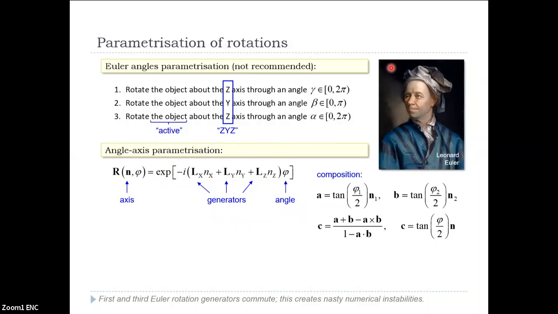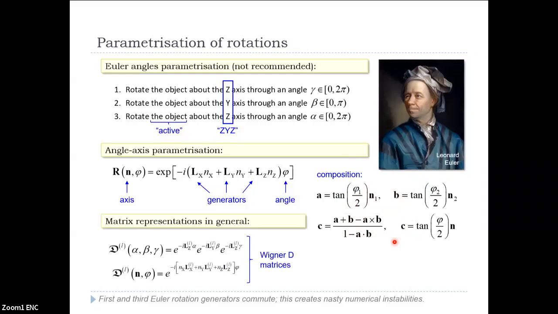Firstly, if you need to do a composition of rotations, right? So find out what are the parameters of a single rotation that corresponds to some sequence of them. In Euler angles, this is a disaster. But in angle axis parameterization, it's actually quite easy. There are simple expressions for composition of rotations in them.